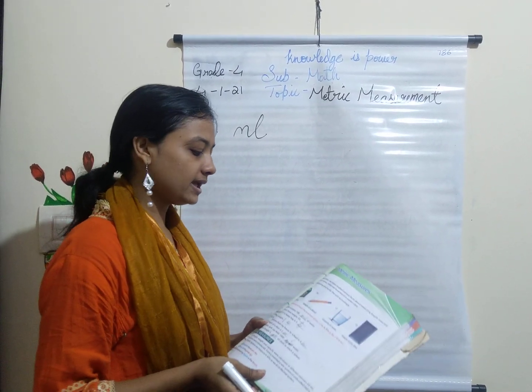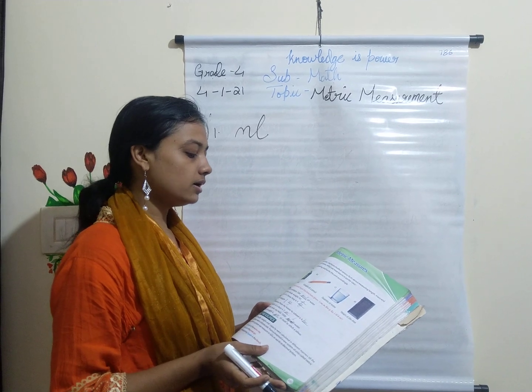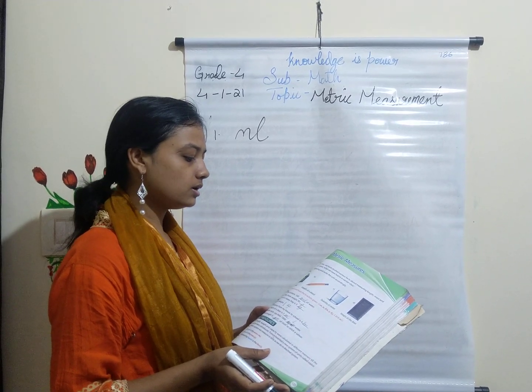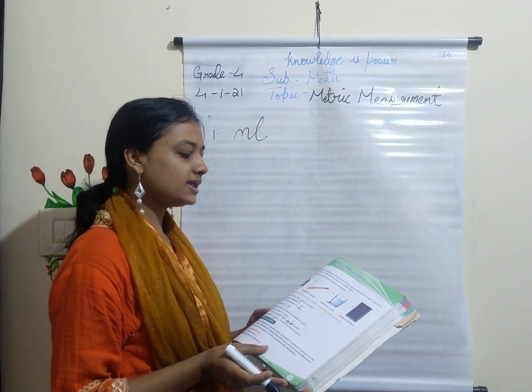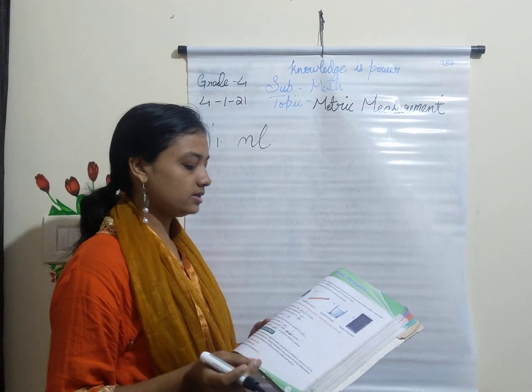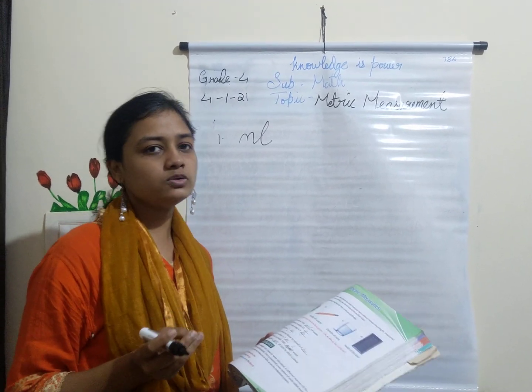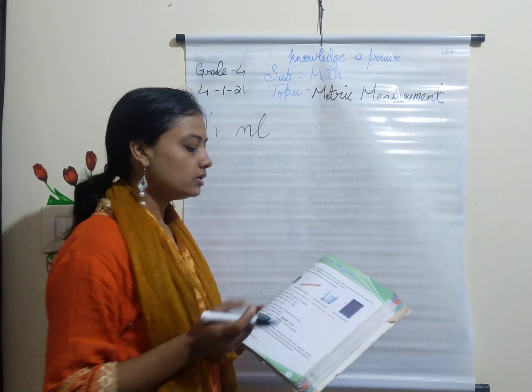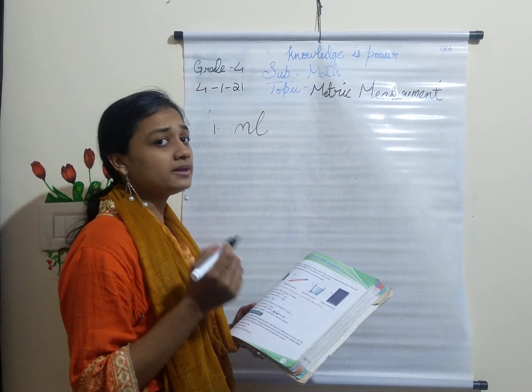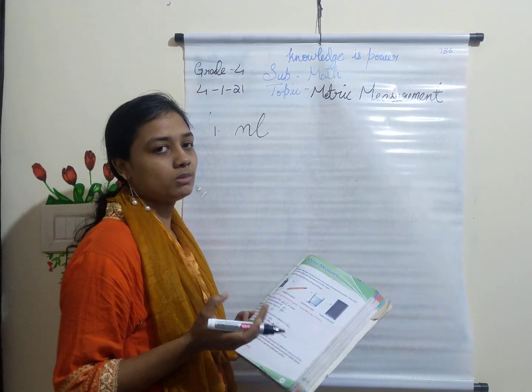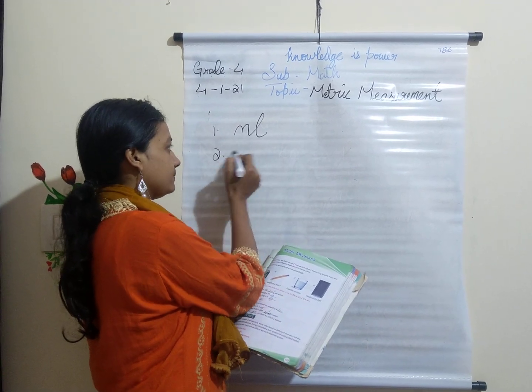Now let's go for the second one. A cartoon book weighs 50 kgs or grams. The weight uses units kgs or grams. 50 kgs is a very big amount. A book doesn't weigh so much. So it will be grams.